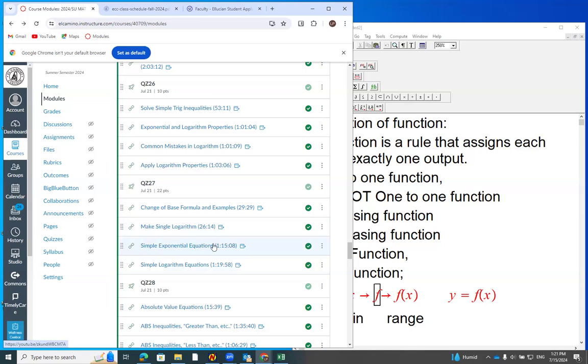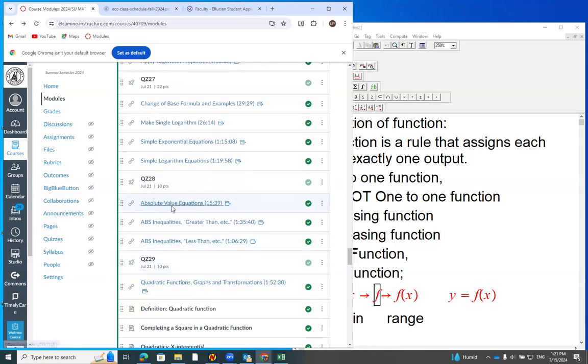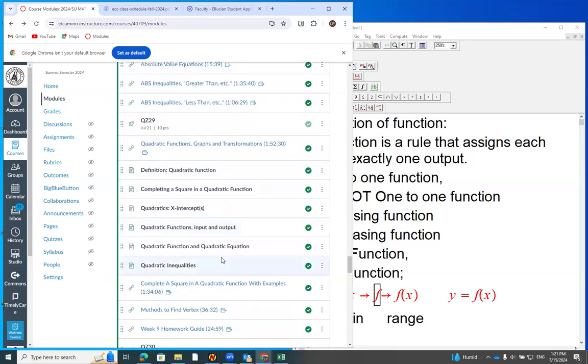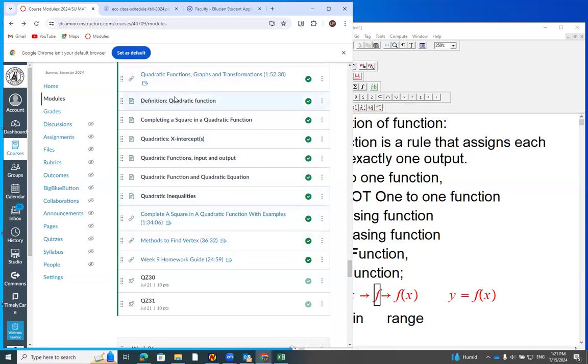Exponential equations, logarithm equations, absolute value equations, inequalities, and so on. And last but not least, you can see quadratic functions are extensively studied.